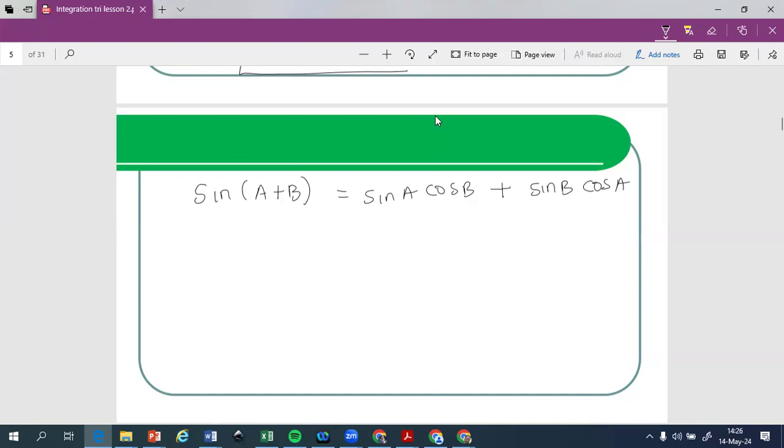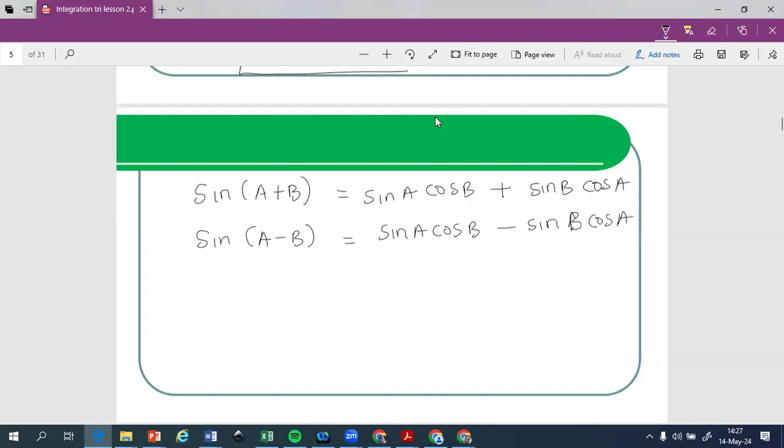What if we have sine of A minus B? Members, what do we get? Yes, Jemima. You get sine A cos B minus sine B cos A. Good.